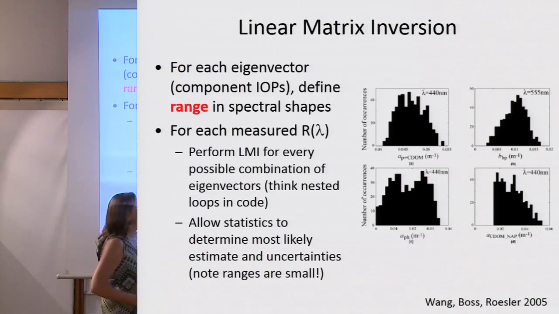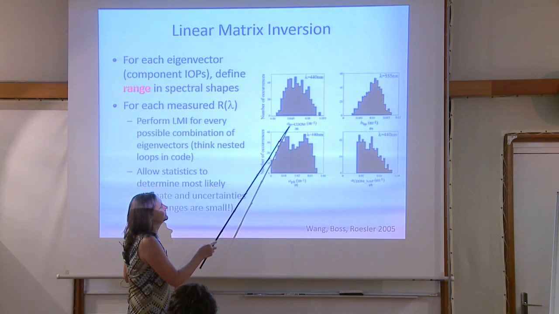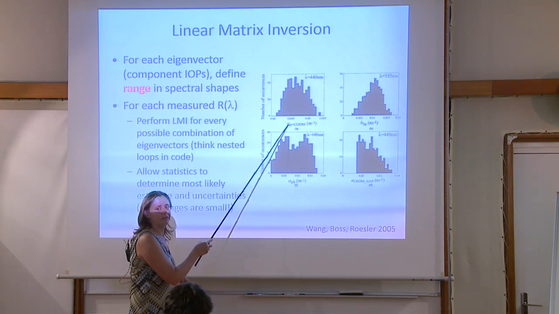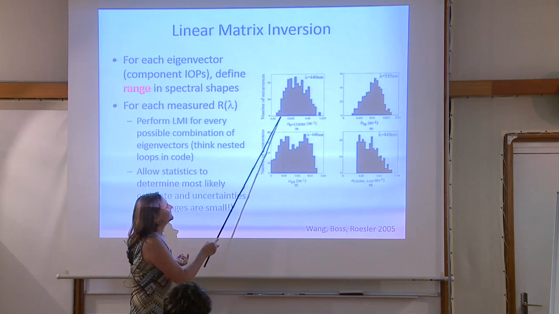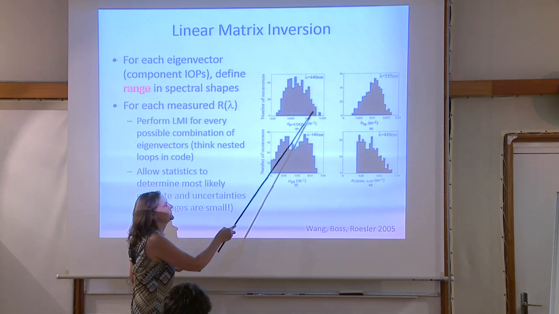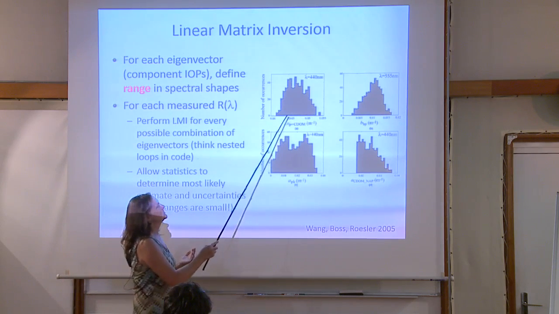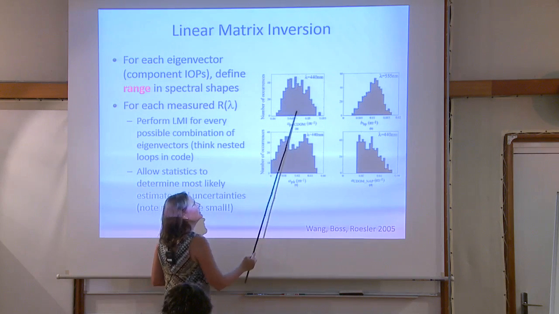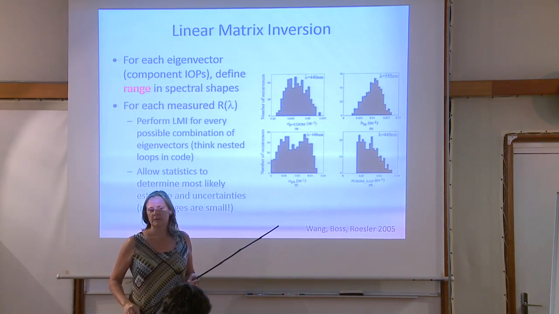This would be the result for the absorption coefficient for particulate and CDOM, so everything but water absorption at 440. You will have a histogram of results, and what you see is that it looks pretty broad, but you could come up with a median value and say the most likely value is somewhere around 0.047 per meter in terms of my eigenvalue.